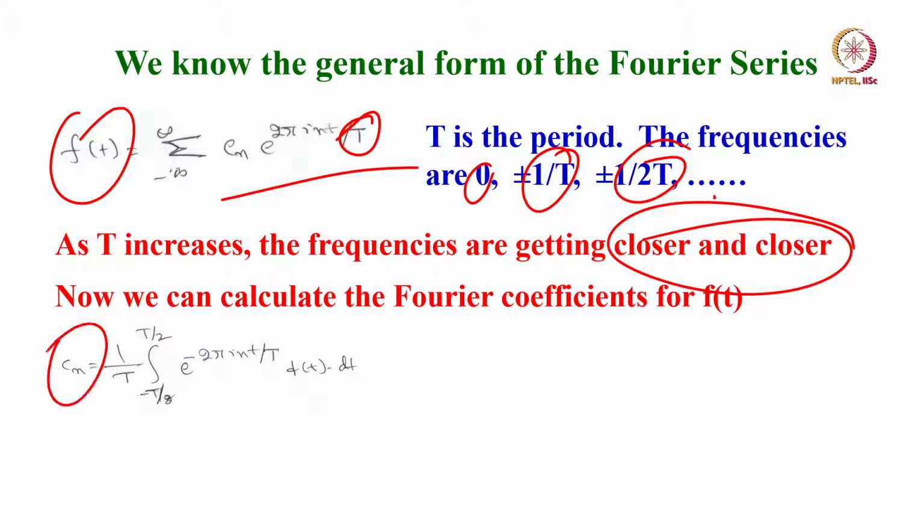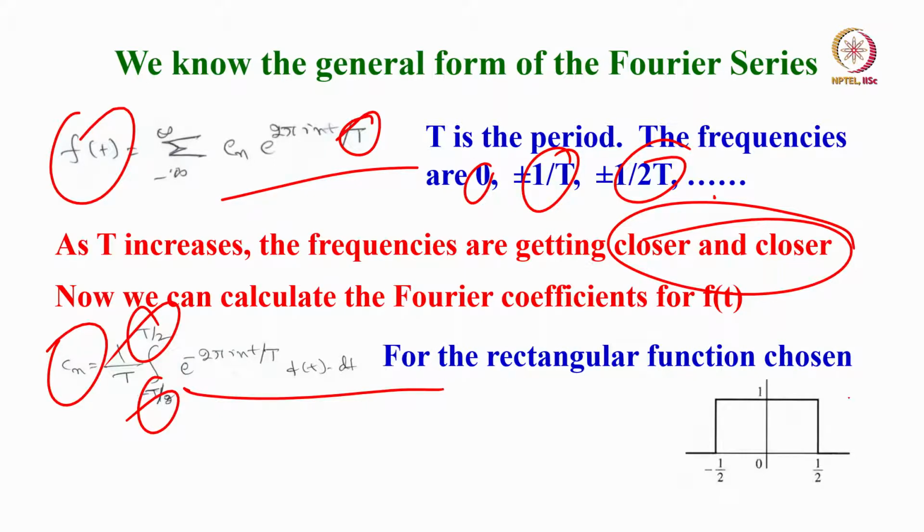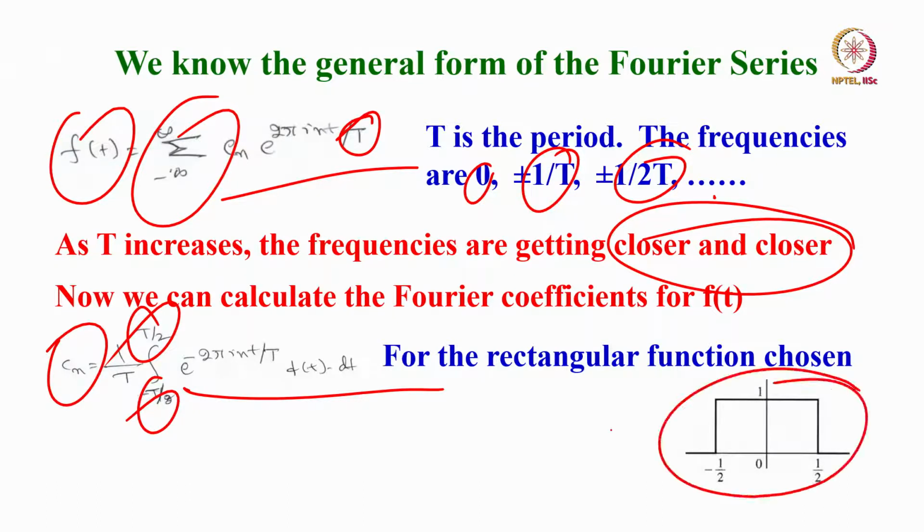So I calculate Cn when I express it in the exponential form, the complex form of the Fourier series. So we can take this from minus T by 2 to plus T by 2 and integrate this. Of course the function was known already, and this is the general expression for the different T periods we have chosen. Now for the rectangular function, the values are going from minus half to plus half.